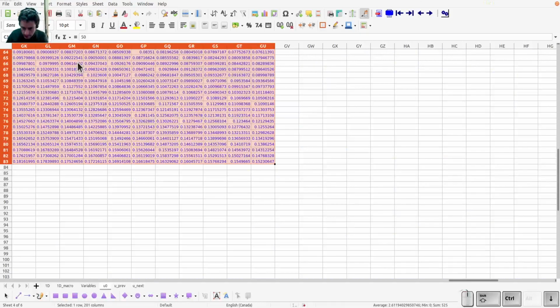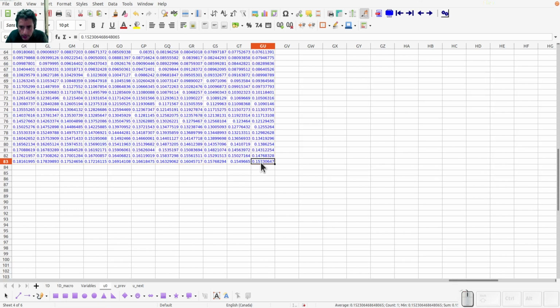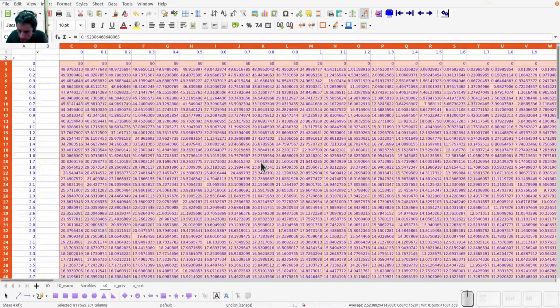For this one, if I look here at the bottom of my sheet, I have a count, average, minimum, sum. No, I want the count. 16,281. So 16,281 data points.